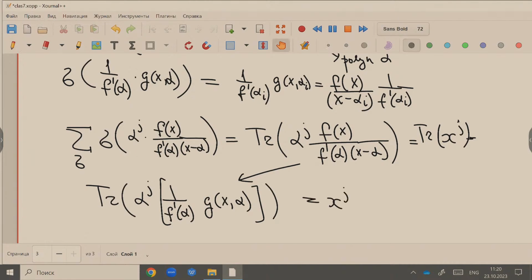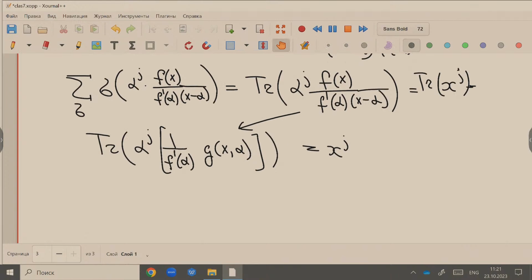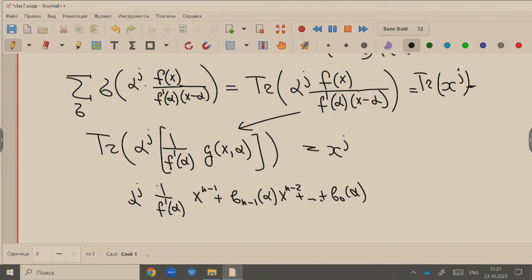If you open the brackets, you are writing alpha j multiplied by 1 over f prime of alpha, and here you have the coefficients x^(n-1) plus beta n-1 of alpha x^(n-2), and so on, up to beta 0 of alpha.